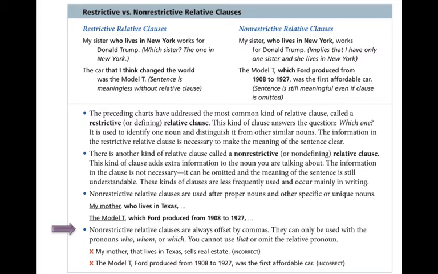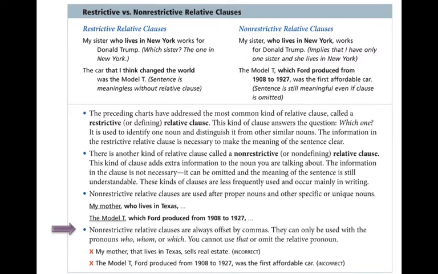They can be used only with the pronouns who, whom, or which. You cannot use that or omit the relative pronoun. So you can see here's an error. My mother, that lives in Texas. That's no good. You have to write, my mother, who lives in Texas, sells real estate.